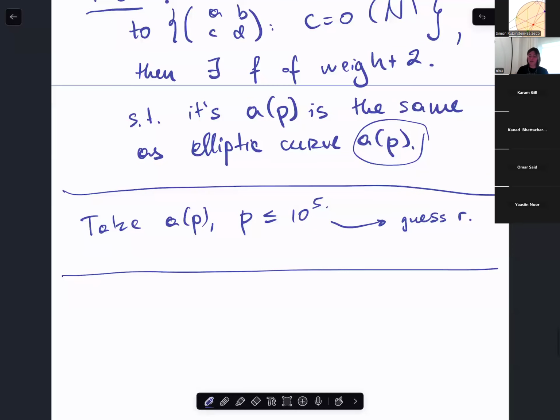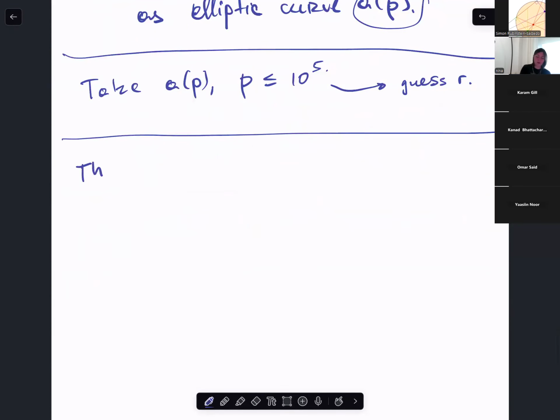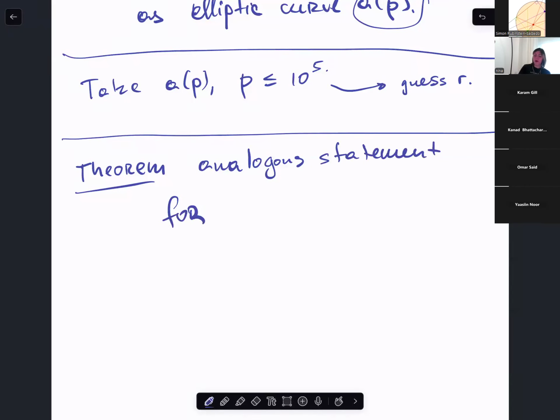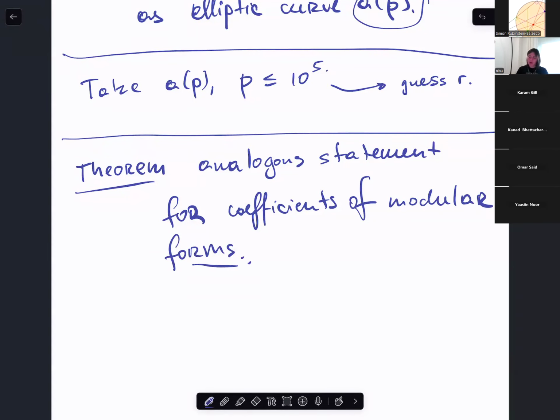And basically my theorem, I won't write it out fully, was an analogous statement for coefficients of modular forms, of the special basis of modular forms. Okay, I think I'll finish a bit early because there are a lot of things to say.